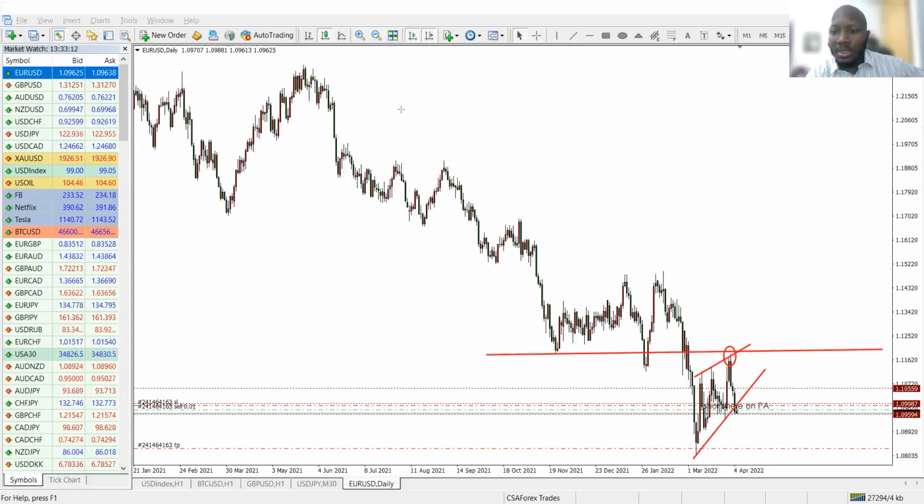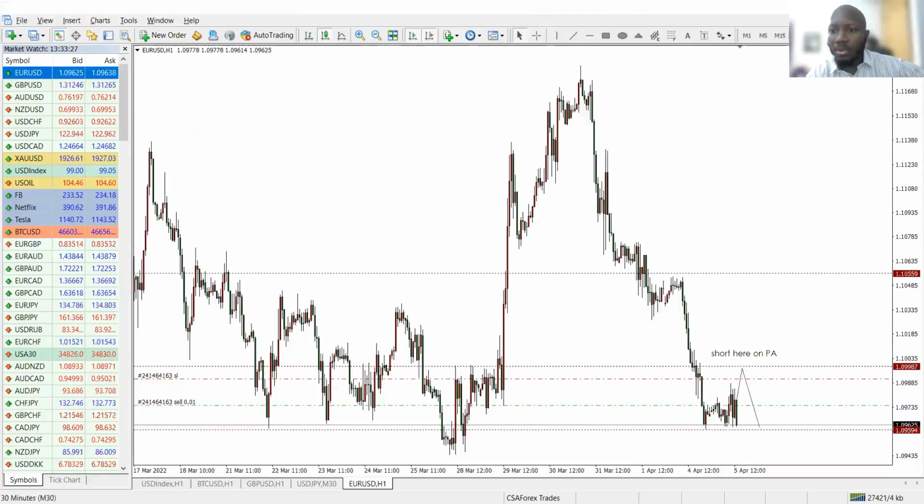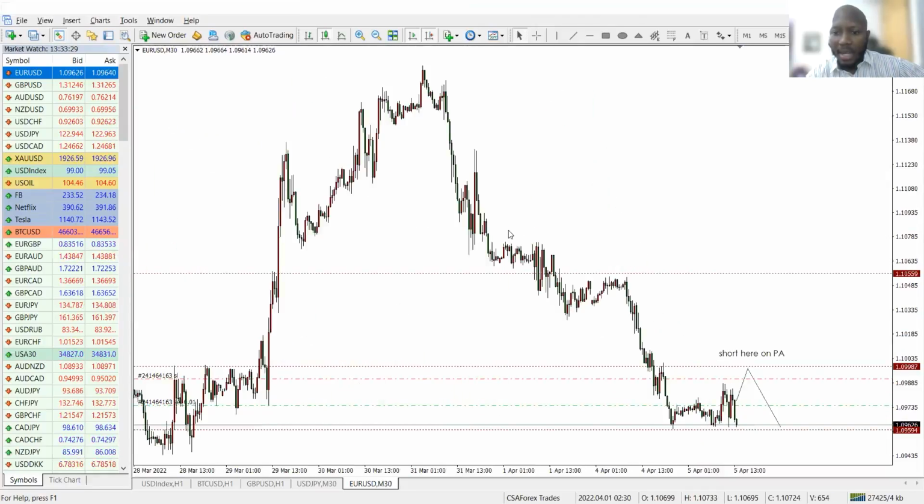Or you could have gotten, just like I did, an entry over here. For me to get an entry over here, I already had the thought process that my directional bias is to the downside. So what did I do? I switched over to the 1 hour or 30 minute time frame and looked for areas of interest.